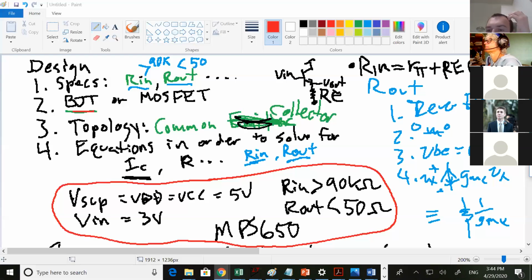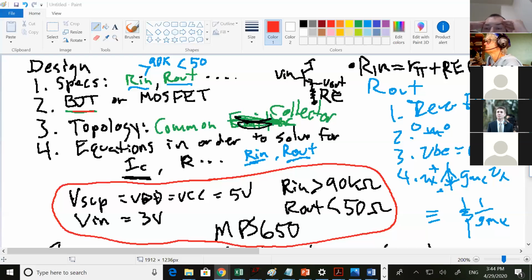Should we just pick an IC greater than 0.52 milliamps? That's what I did. I got lazy. Okay, so we don't need to find an upper bound to IC or anything. Well, if you pick 1 milliamp, say, then it's more than 0.5, so your resistances are going to drop.